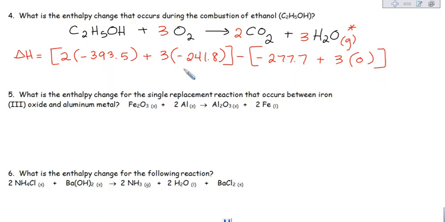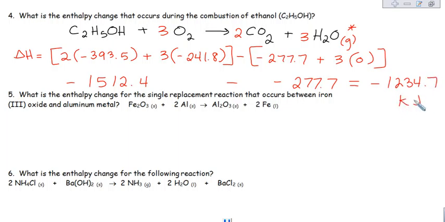So I'm going to plug this all in and simplify that to negative 1,512.4 minus the negative 277.7. It's so easy to miss, like that minus negative, but this is still exothermic. 1,234.7 kilojoules. Still exothermic.